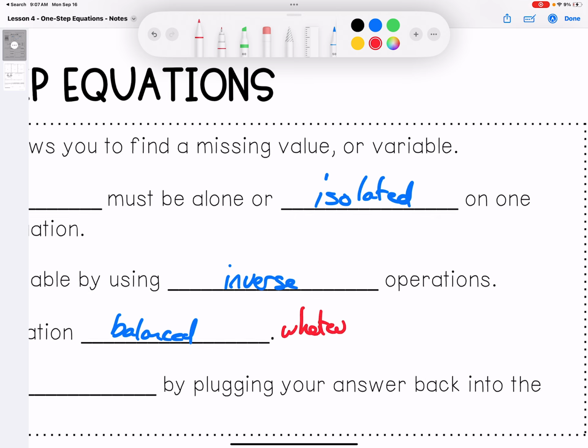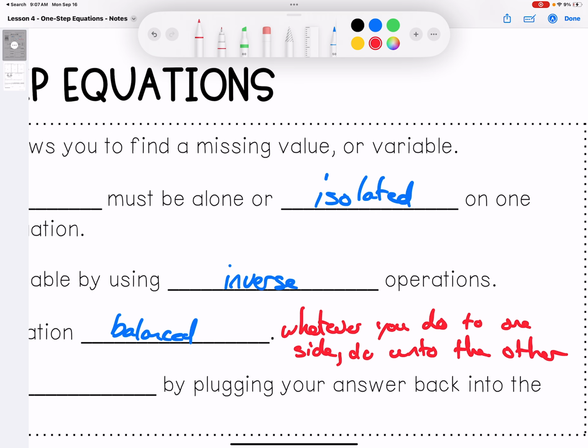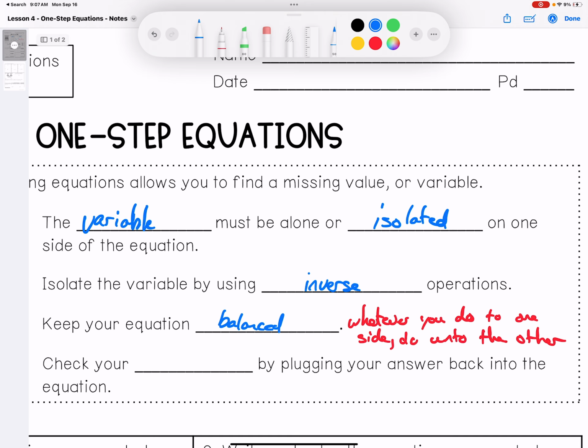Whatever you do to one side, do onto the other. And the last thing is to check your solution by going back and plugging your answer in.